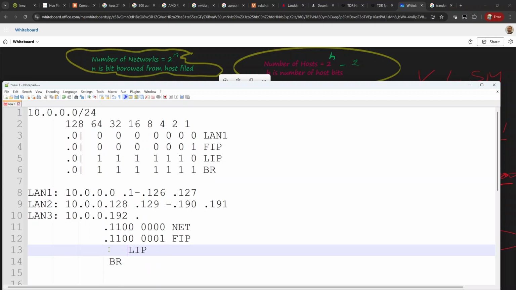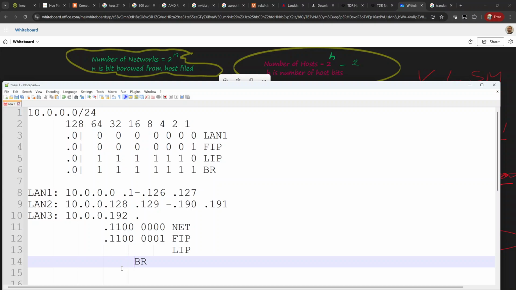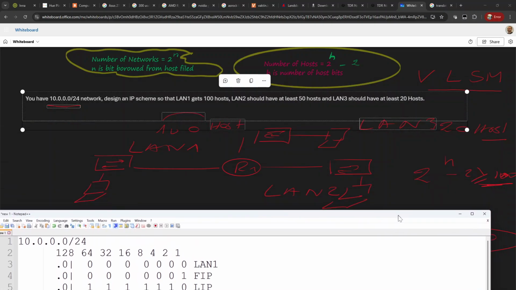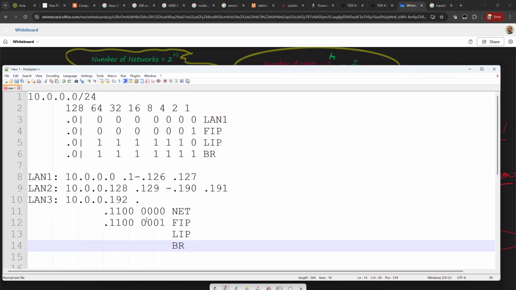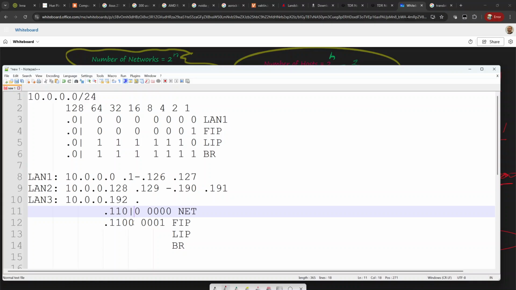Don't cause any confusion, but you could write them separately. So here we go. And then we're looking for 2 to the power of h minus 2 greater than or equal to 20. And that's the 5 bits that need to remain in the host field. So 4 plus 1, it's 5 bits remaining.